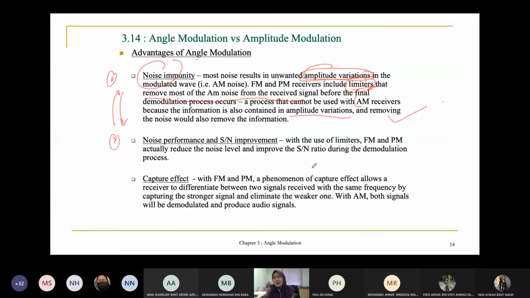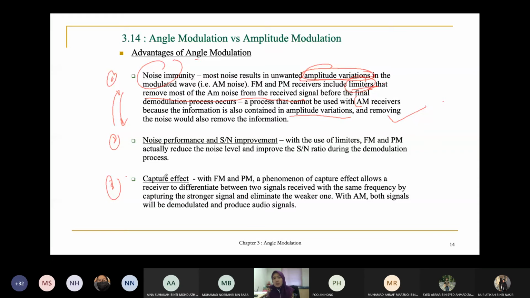A higher signal to noise ratio means there is less noise in the signal. So with the use of limiters, FM and PM reduce the noise level and improve the signal to noise ratio.